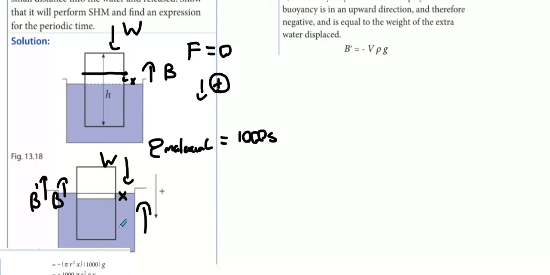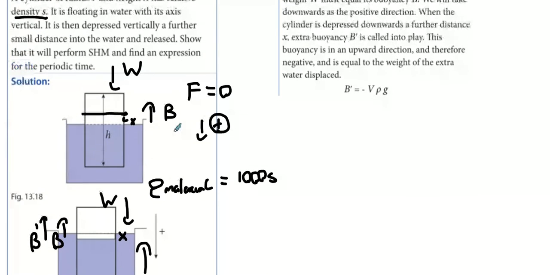Then there's an extra buoyant force P dash that comes into play. This buoyancy force is in the upward direction and therefore negative, because up is negative, down is positive.